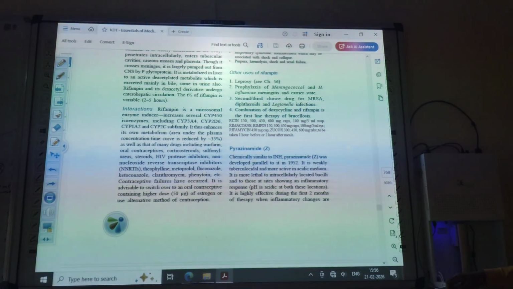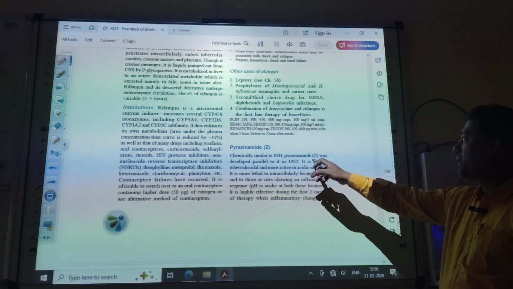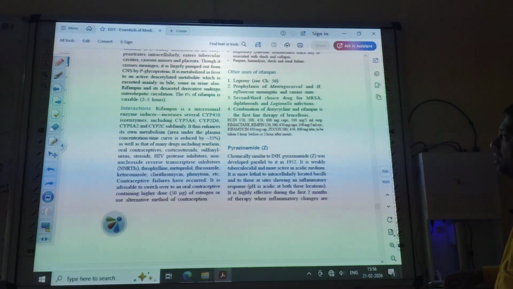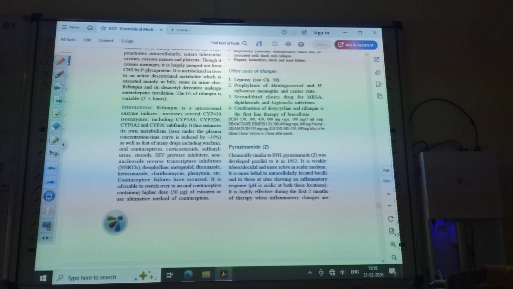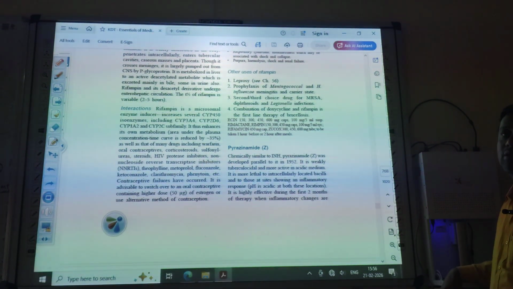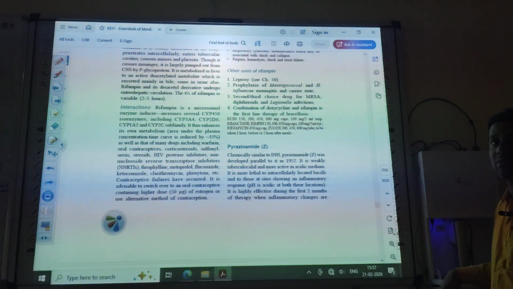It is chemically similar to isoniazid. Pyrazinamide was developed in the year 1952. It is weakly tuberculocidal. All these are cidal drugs; they will kill.